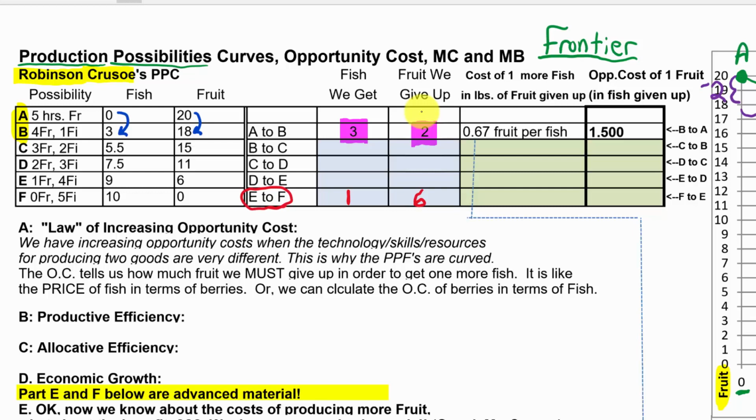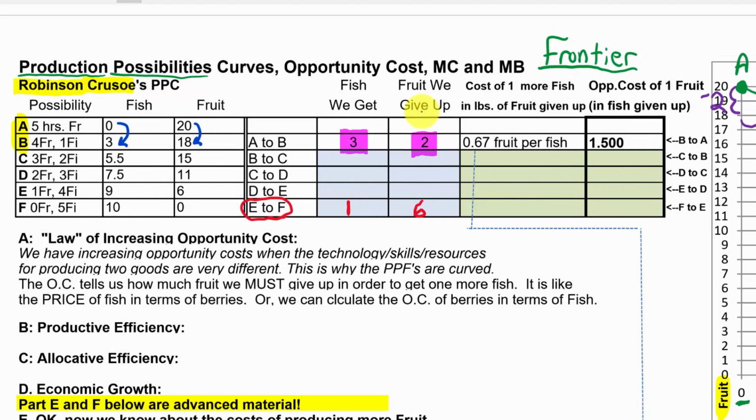On average, how much fruit are you giving up per fish? Now let me give you a little shortcut way of thinking mathematically here. Anytime you say the word per, the word per in English means divide. So when I say per fish, what that in English is telling you to do is divide by fish.